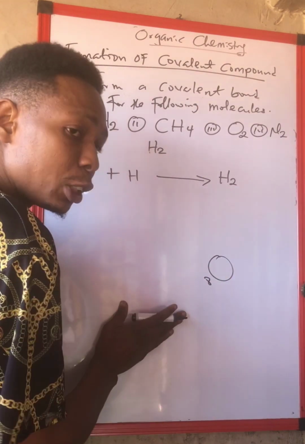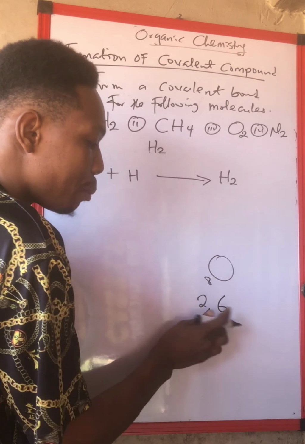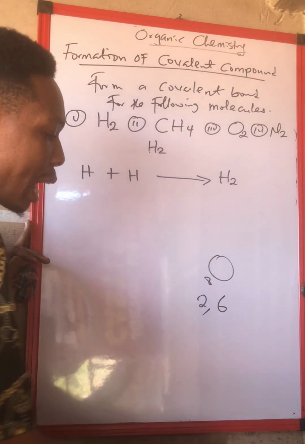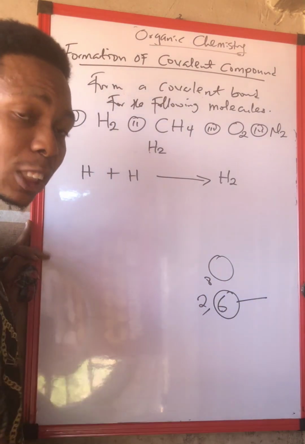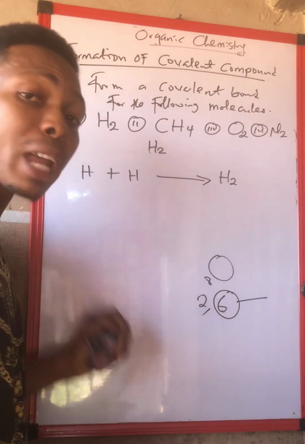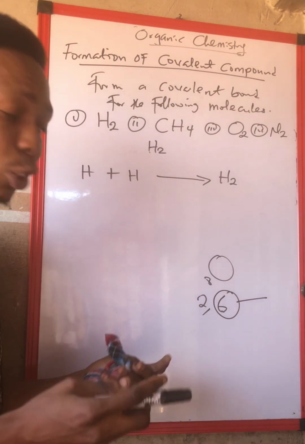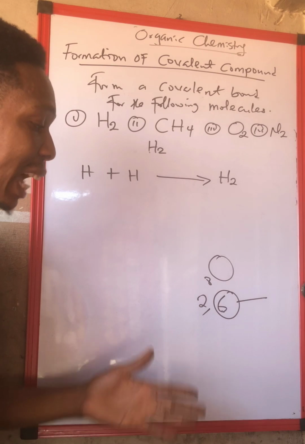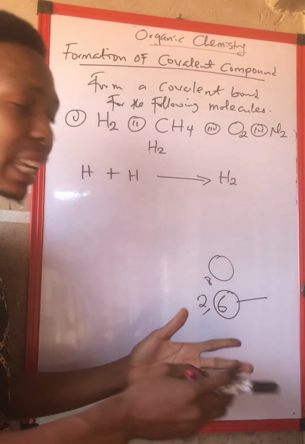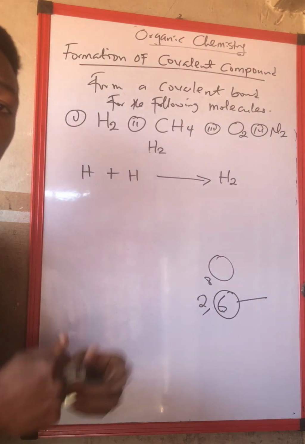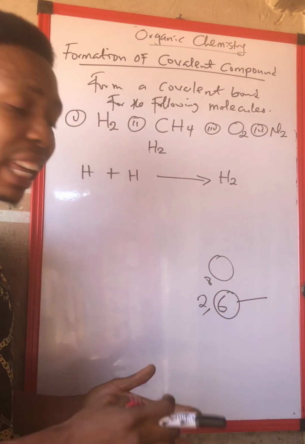If you draw the shells for it, the first shell takes 2 electrons and the other one takes 6 electrons. That means the outermost shell electron count is 6. This 6 is also known as the valence electron. So the total number of electrons in the outermost shell of an atom is known as the valence electron. In forming a covalent bond, we make use of the valence electrons.